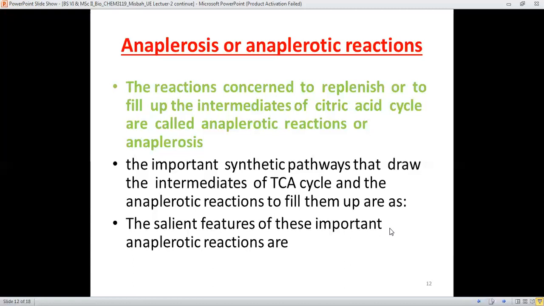The important pathways that draw the intermediates of the TCA, and the anaplerotic reactions which are responsible for filling up the intermediates, are multiple, and some of them are listed over here with their salient features.